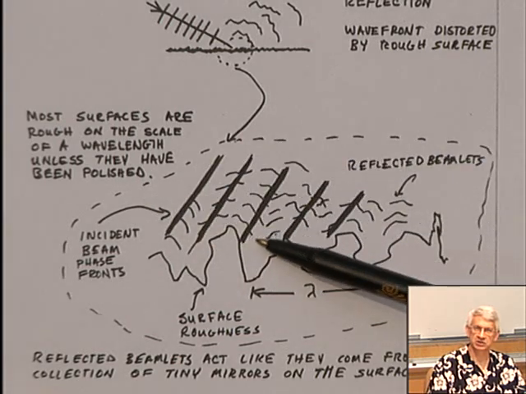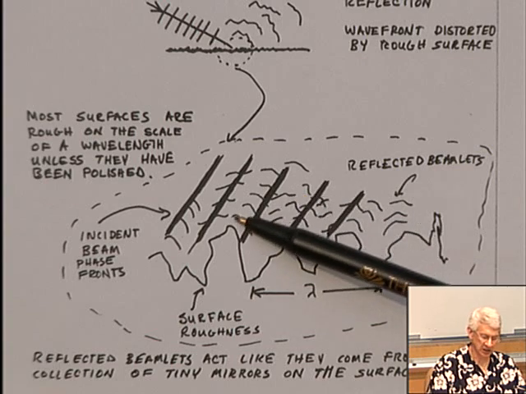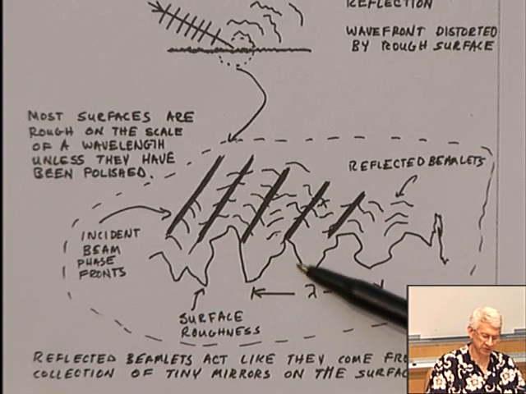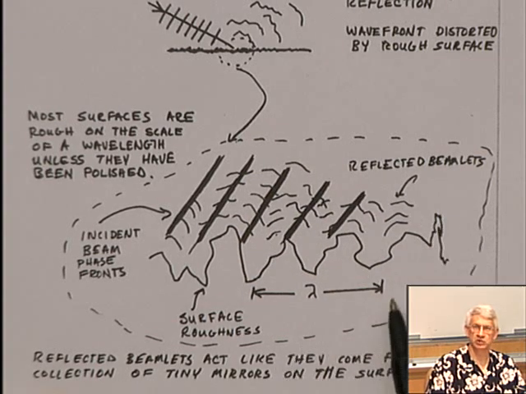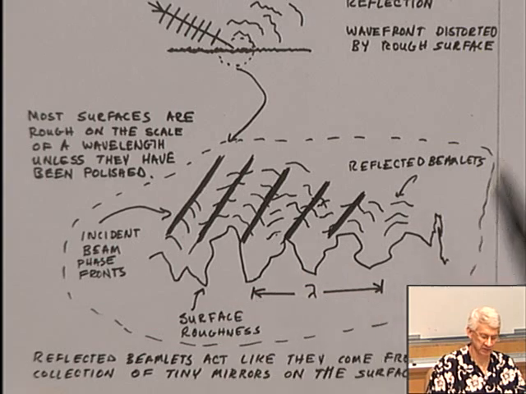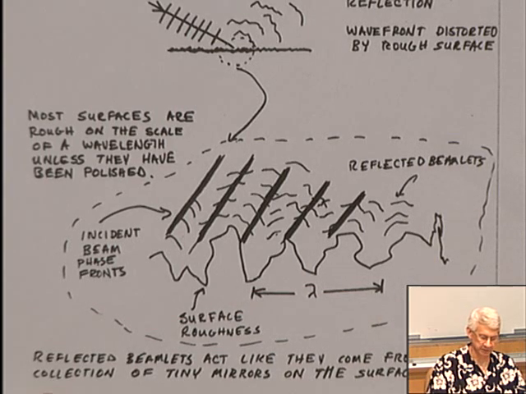And so the incident phase fronts here are distorted according to the topography of the surface roughness. Usually the surface roughness has some correlation length that I've labeled here as lambda.